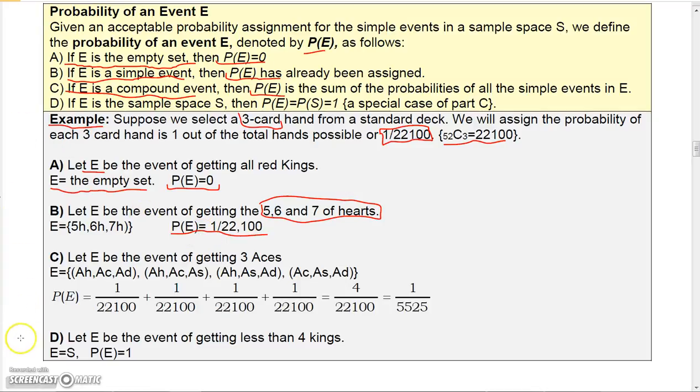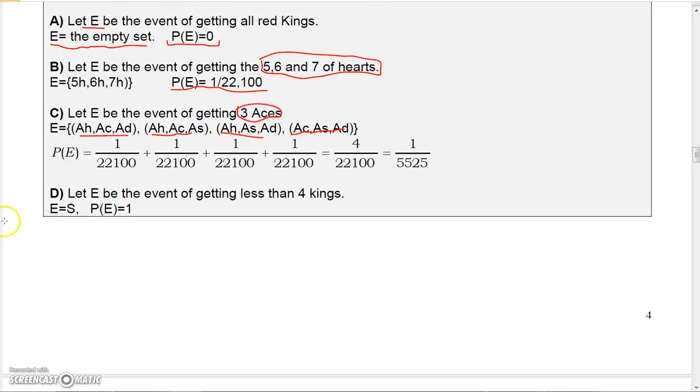Okay, let's look at a compound event. Let E be the event of getting a hand with 3 aces. Well, there are actually 4 ways that can happen, and each of these 4 ways has the same probability, 1 out of 22,100. So the probability of that occurring would just be the sum of those 4 probabilities. You add those 4 probabilities up, and you get 4 out of 22,100, which you can reduce to 1 out of 5,525.